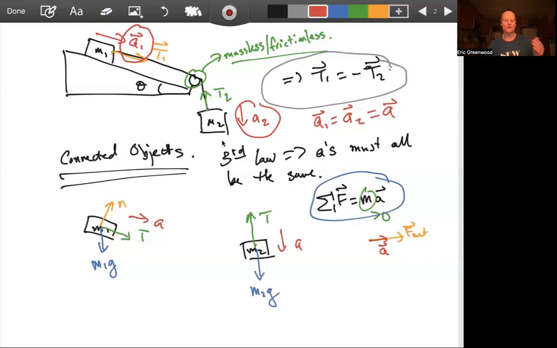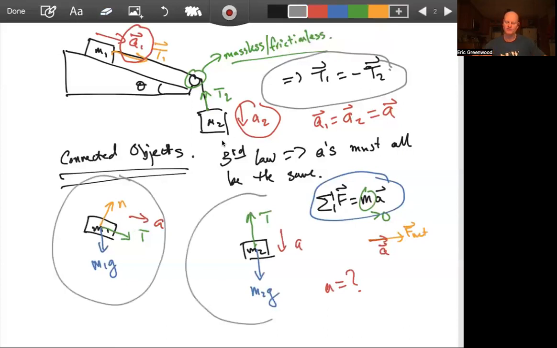So now what I want to do is look at each individual free body diagram and then use that to solve for the overall acceleration. So let's say ultimately what I want to know is the acceleration of my system. Now, when I write out Newton's second law, I'm only going to look at one mass at a time. Initially I'm going to look at only M1, and then I'm going to look at M2, not making direct reference of M2 in M1's equation and vice versa.